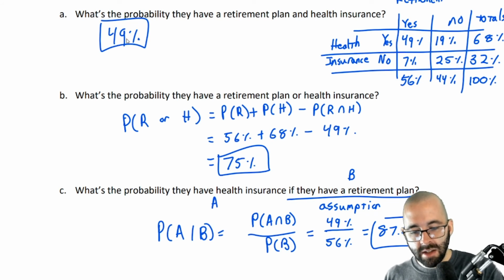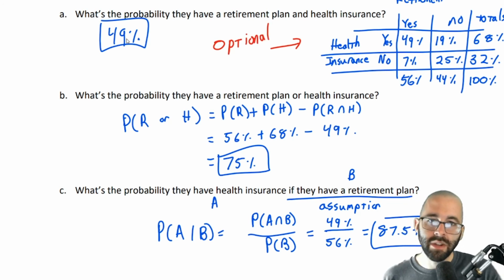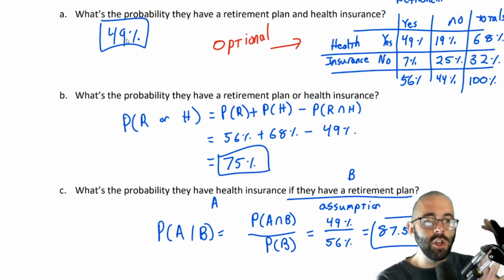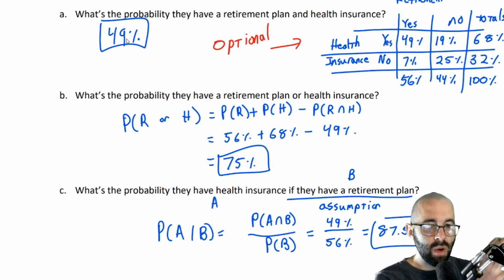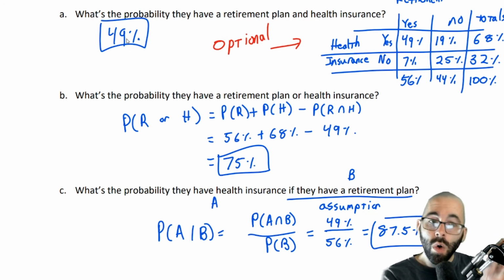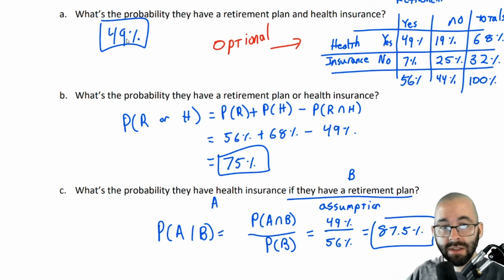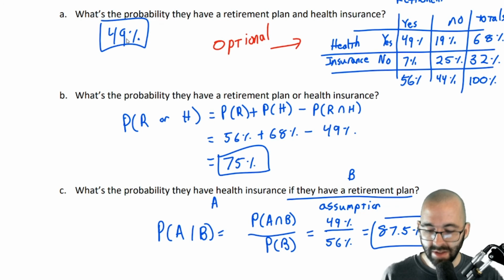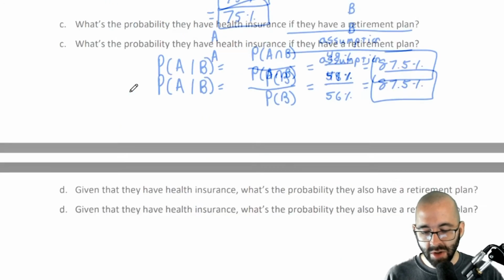Okay, so again, this up here is optional. It's a little extra work, but it can sometimes make things a little easier to calculate. And it shows the relationship between using a contingency table to get these probabilities directly or using these properties of probability that we've introduced in this module, in this unit. So good luck. Let me know if you have any questions.